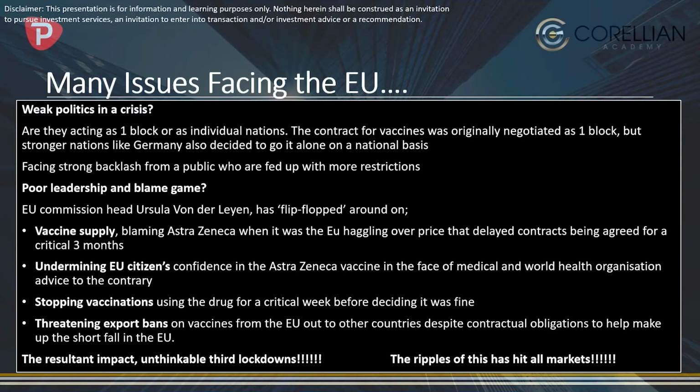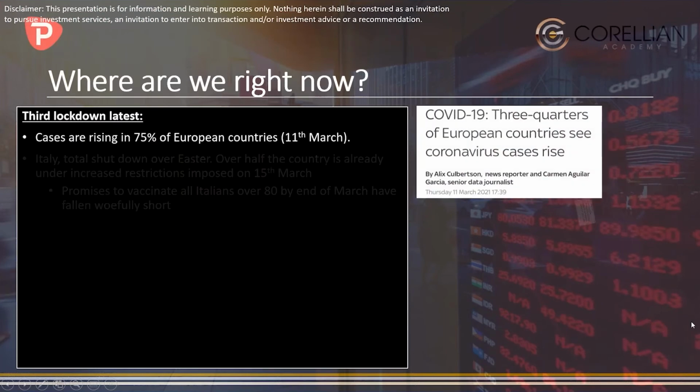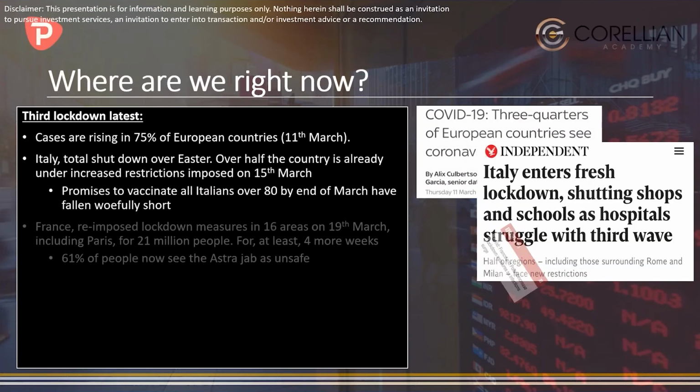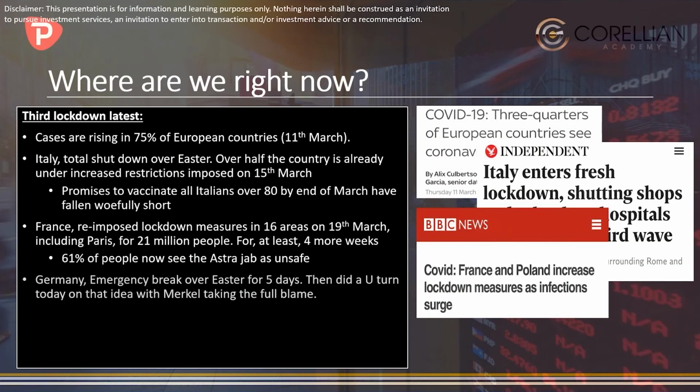Some of these are going to take place, even though Merkel's hinted that they're not going to lock down over Easter because that's just too much. But there are ramifications from this, and it has hit markets quite hard. The news that they were going to lock down further, and don't forget, this isn't just Germany, this is France, Holland, Belgium, everywhere, means this third lockdown is actually creating some real problems out there.